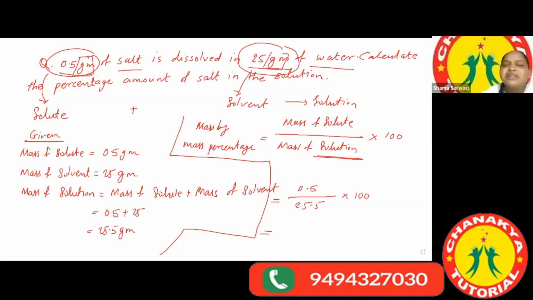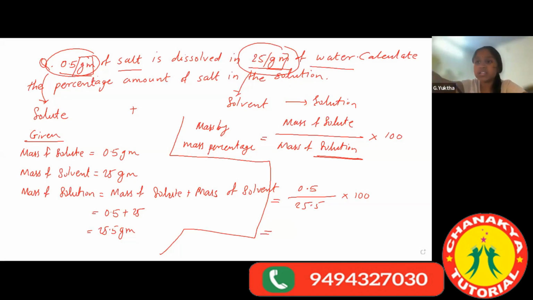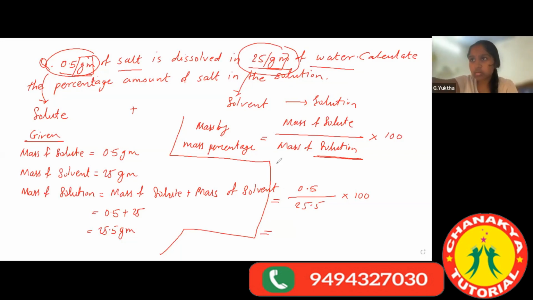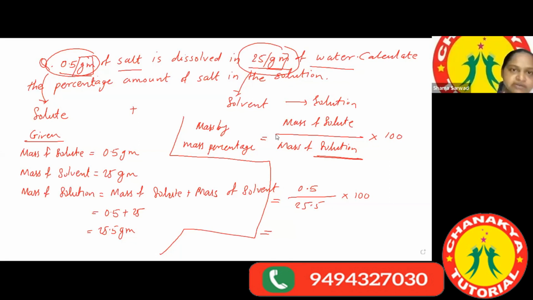Ma'am, can you once check? 19.6 won't be there, beta Sampath. How come 19? Ma'am, is my answer right? Yukta, you're asking Yukta. Let me check your answer. Can you please retype it? Let me check where you gave me the answer.